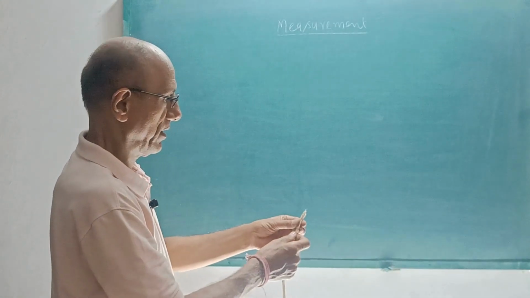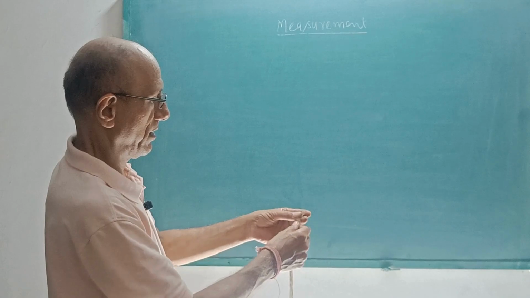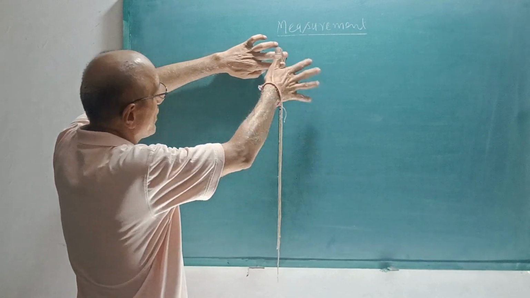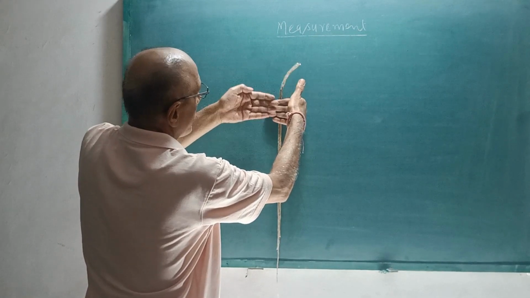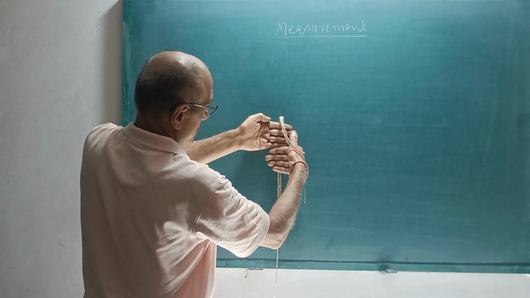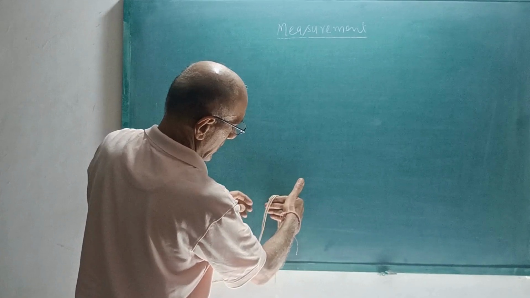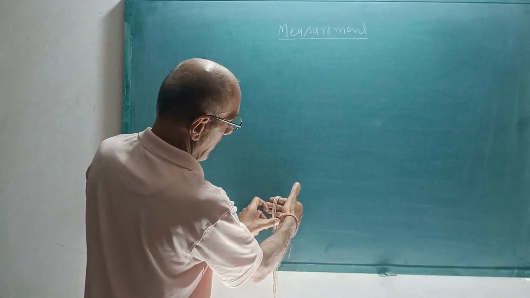Even we can measure these threads with the help of our hands. You can count like this: 4, 8, then 12, then 16, then 20, like this, and then 3 are here, then 4 are here, and like that.